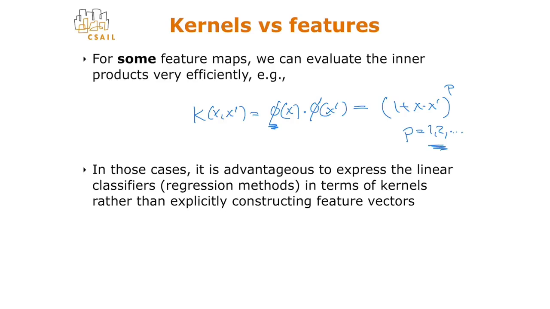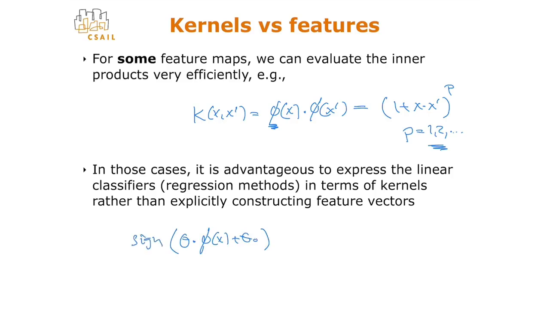Okay, so now our task, as I said before, is to turn a linear method that previously takes theta dot phi of x plus theta naught and tries to classify that. That's our linear classifier.